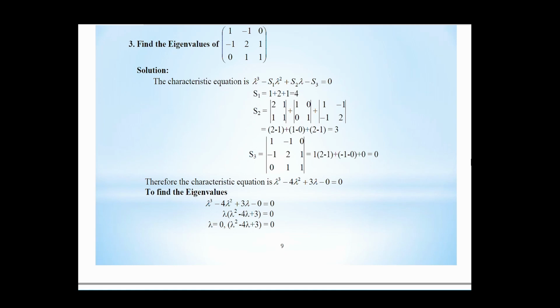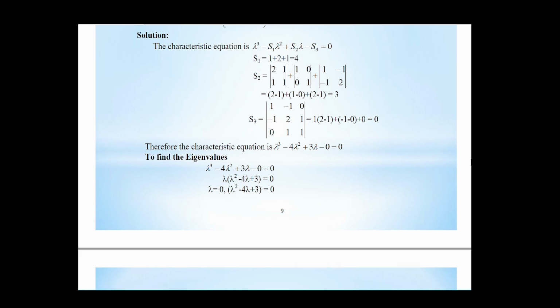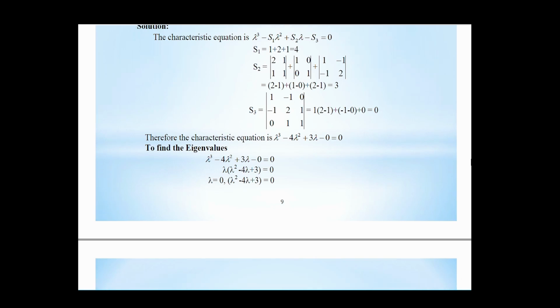Similarly, S1 is the trace of the given matrix, 1 plus 2 plus 1, we get 4, and S2 is the sum of the minors of the main diagonal elements. Here S2 equals 3 and S3 is the determinant of the given matrix, which is 0. So the characteristic equation is lambda cube minus 4 lambda square plus 3 lambda minus 0 equal to 0.